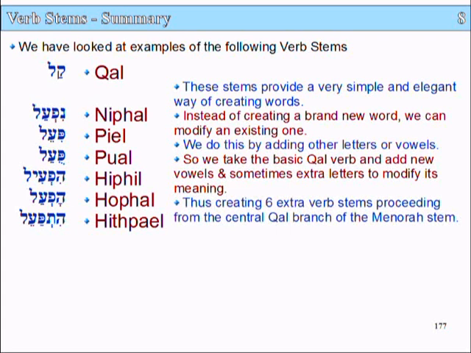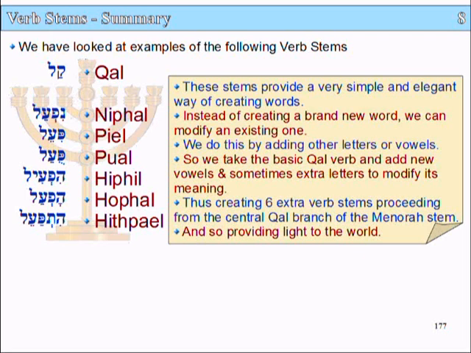thus creating 6 extra verb stems proceeding from the central kal branch of the menorah stem, and so providing light to the world. So here we have our kal as a central stem, and then derived from that central stem are the branches, or the verb stems, these 6 other verb stems branching out from the central candlestick just here.